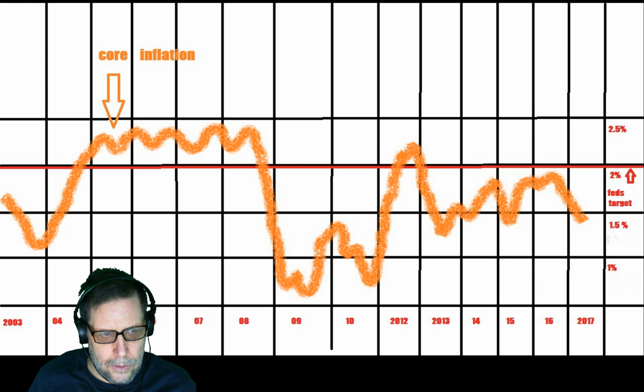Now, you can see that we were over that line consistently back before the 2008 crisis. But now if you look in 2008 there, you see what happened? Right there in 2008, the bottom fell out of the core inflation rate, and it went all the way down, and it bottomed in around 2009 after the financial crisis of 2008.